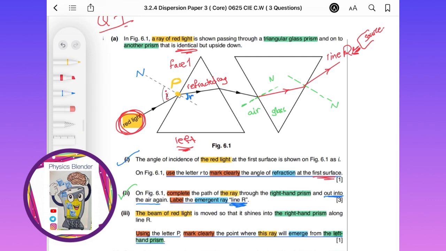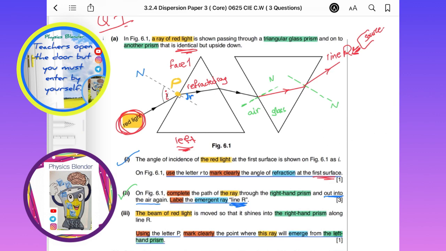Okay guys, I want to explain this quickly. Consider the parallel sided glass block. Imagine it consists of two identical prisms. What happens if the light ray enters the parallel sided glass block?